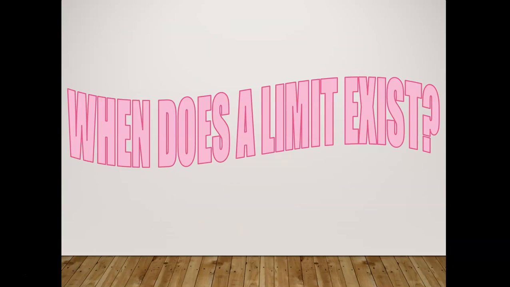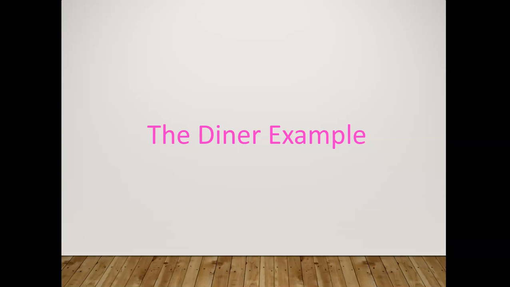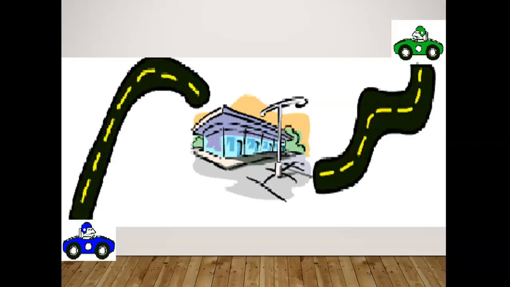When does a limit exist? Because a limit can also not exist. It can exist or not exist. Okay, the analogy example. If you look here, for example, you have two cars, green and blue color. They are moving to the same destination.